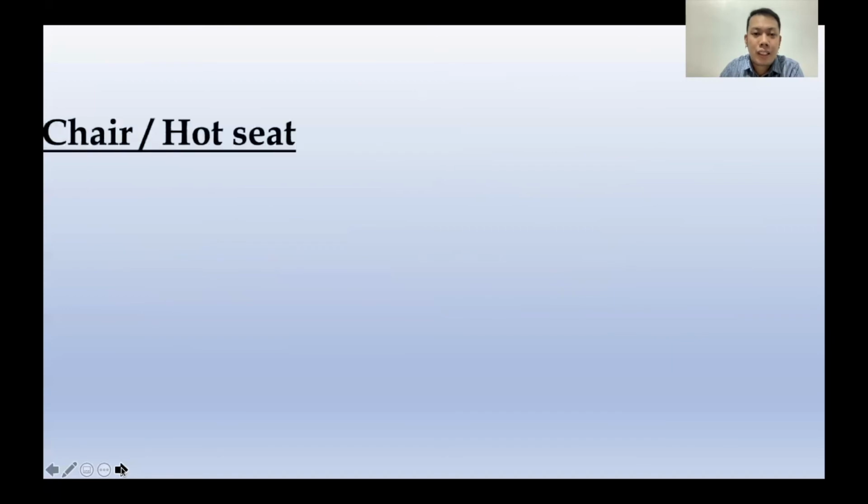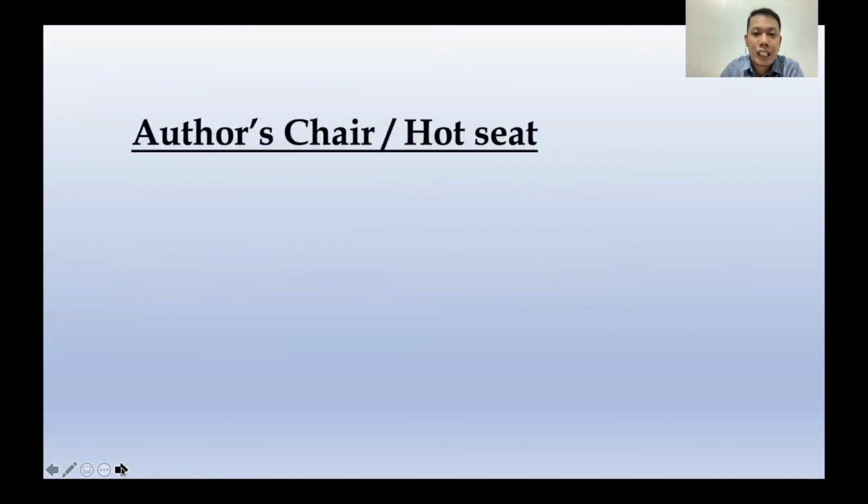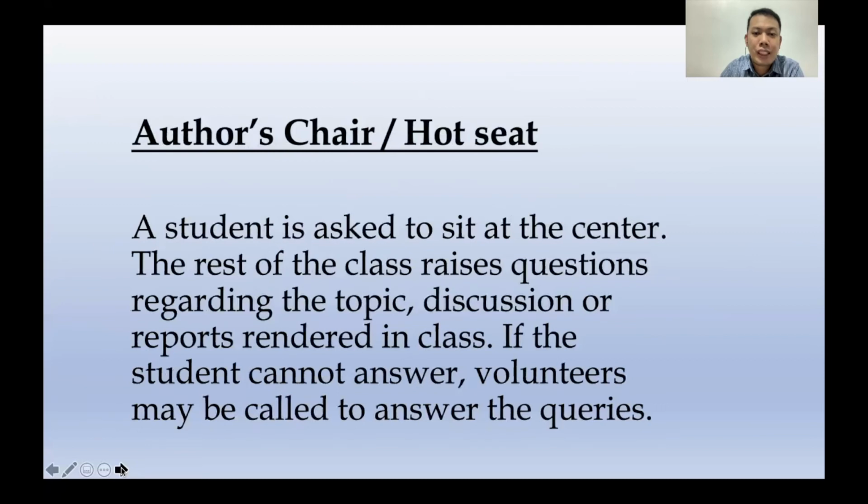And then after that, authors share or hot seat. So a student is asked to sit at the center. This is nice, no? After the discussion of the topic or after the reporting, you form a big circle with one chair at the center.